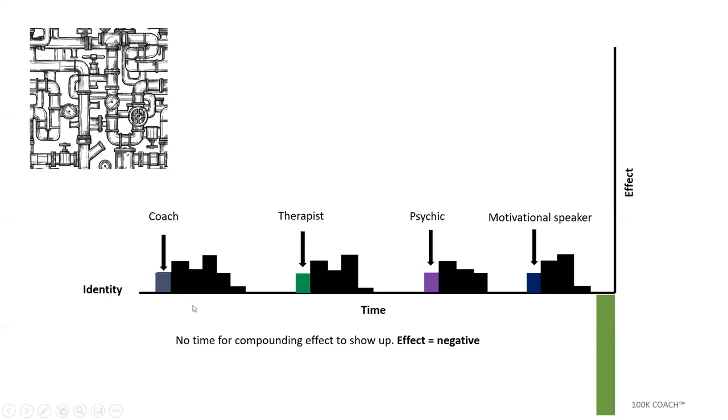Then they're a motivational speaker. Changing things too quickly, not allowing time and the effect of compounding time to show up in your business as a positive effect is one surefire way of not making money in this industry. If you're constantly creating new pipes, new taps, changing things, screwing with the pipe over and over, fixing things, loosening things, tightening things all over the place, you are going to cause chaos.